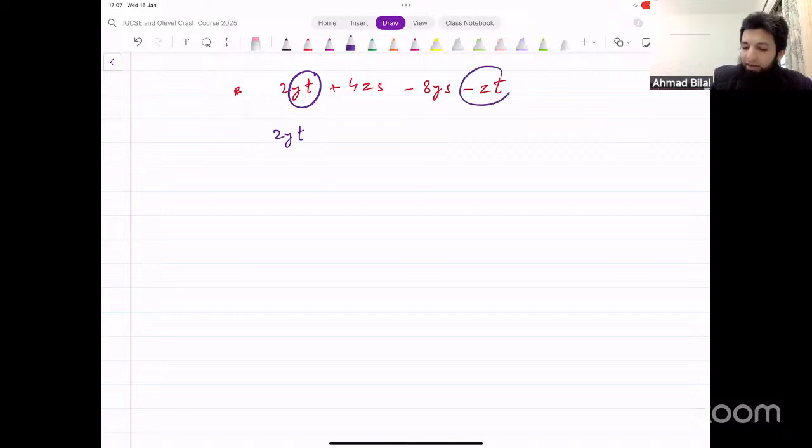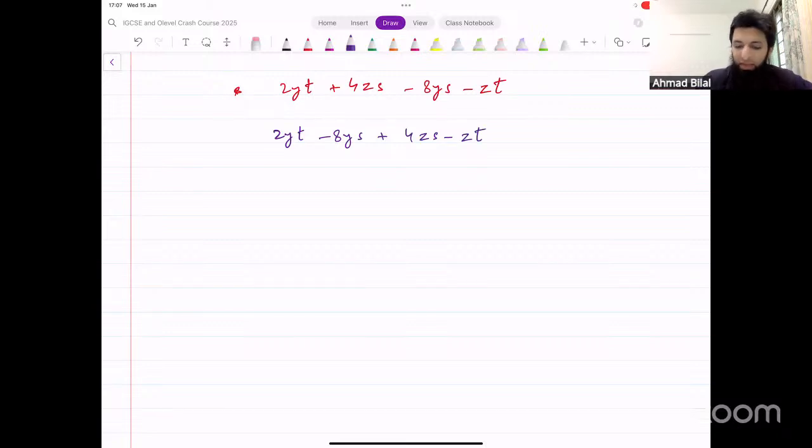So I can either take this and write it next to it, or I can write this next to it, right? Because both of them have something common with it, right? So I could do it like this. For instance, I could say it's 2yt minus 8ys plus 4zs minus zt. So I can rearrange it like this. And now we look at the first two terms and we look at the third and fourth terms and see what we can take common. From the first two terms, we can take 2y common. That leaves us with t minus 4s inside.